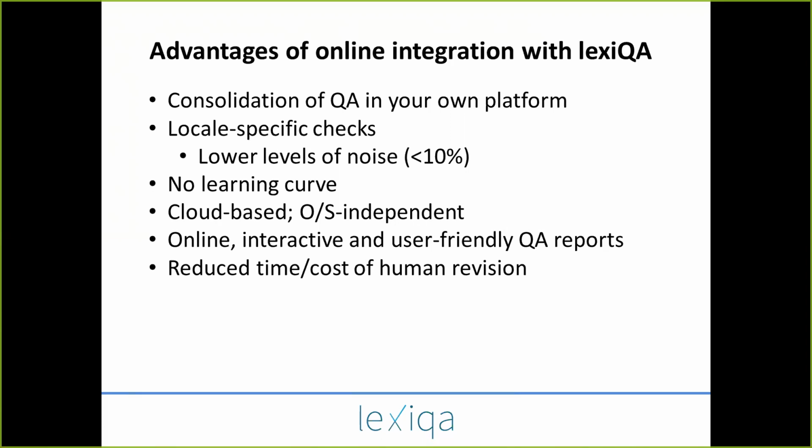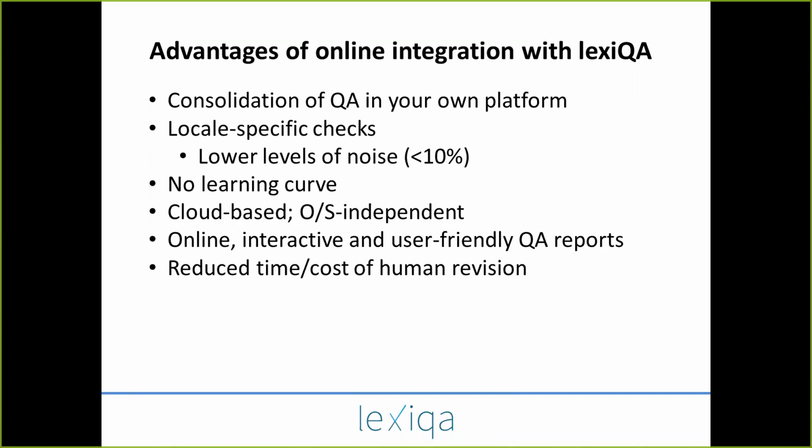In other words, when you use a quality assurance system with your translation, it might find issues that are not actual problems. So it will highlight them as potential problems, but they're not actual problems. That's what we call noise. So by using locale-specific checks, we target the issues that have to do with your translation, the text that you're checking, and that means the accuracy of the tool is much higher by comparison.